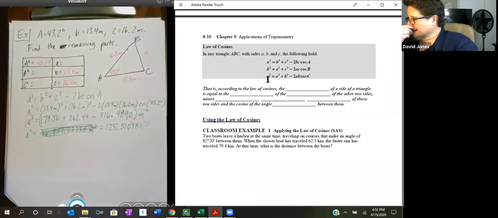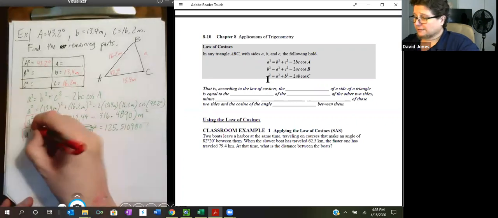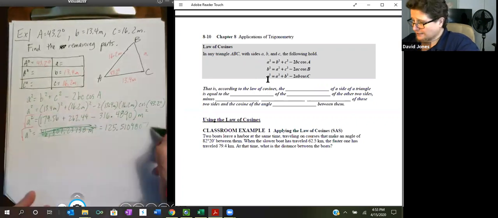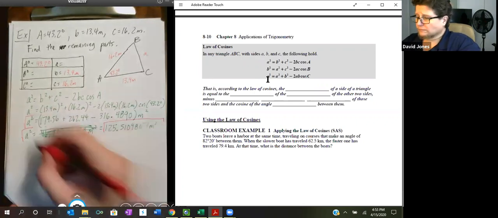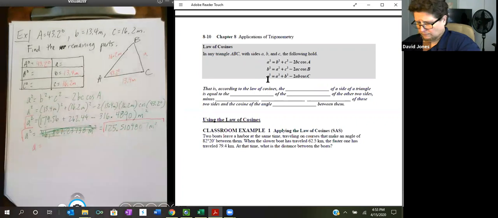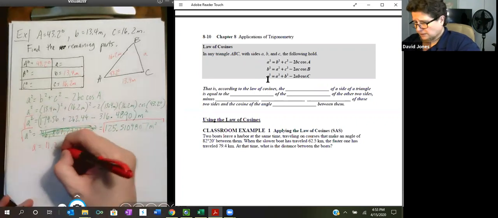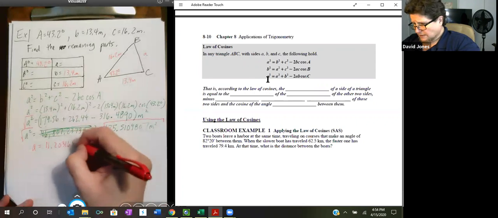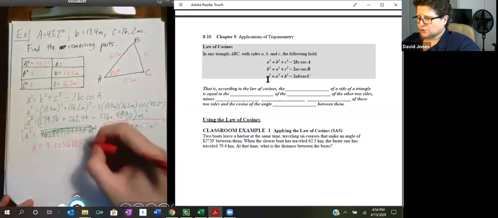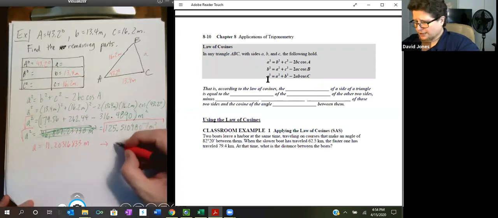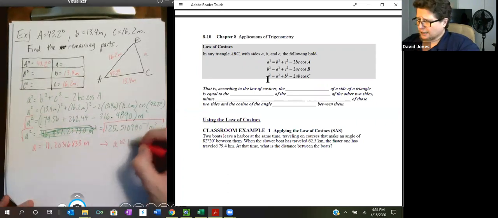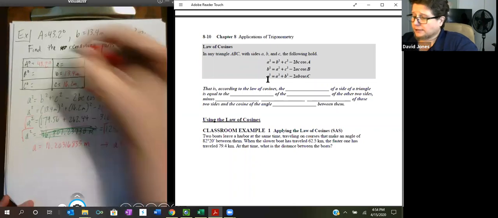Looks like I rounded in my notes that I'm using before. That's in meters squared. And the square root of meters squared is meters. And we'll round this to 1 decimal place. A is approximately 11.2 meters.